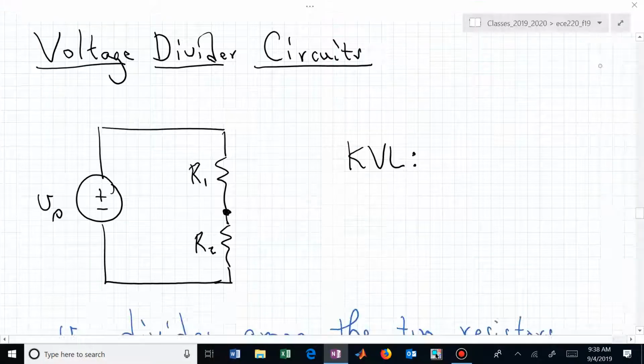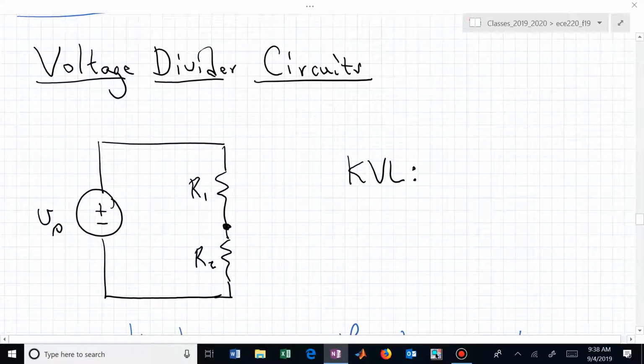Let's talk about the next topic, which is voltage divider circuits. How would you start labeling this circuit based on the skills that you now possess in terms of KVL and KCL? And I guess I'm giving it away a little bit. If I want to write a KVL equation for this circuit, what voltages might I be interested in?